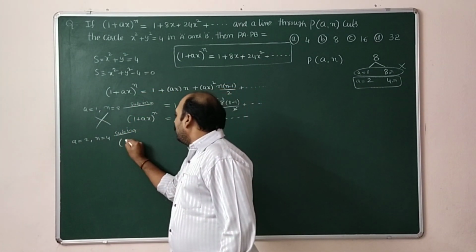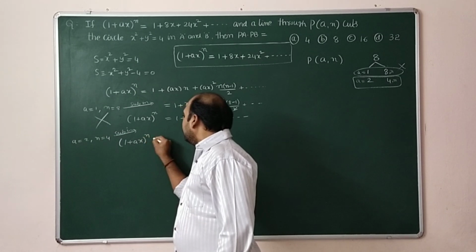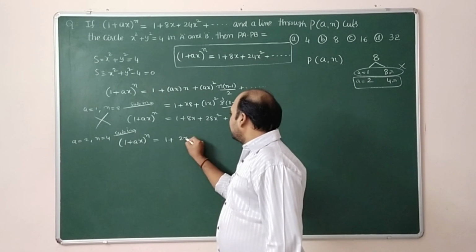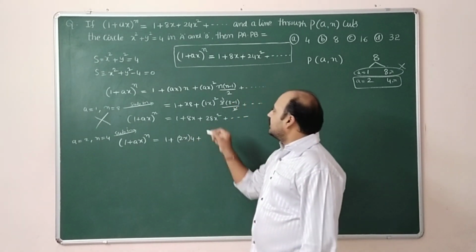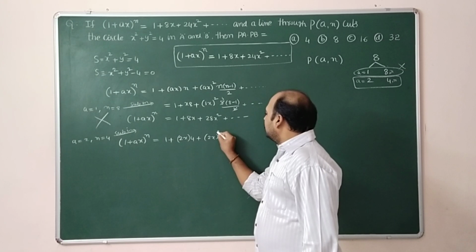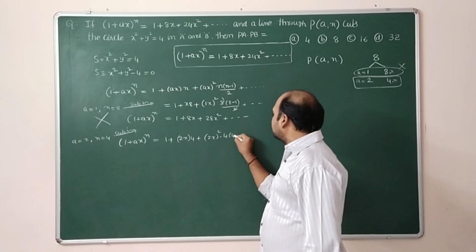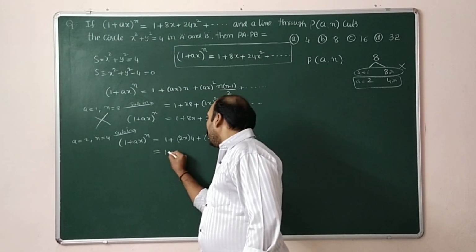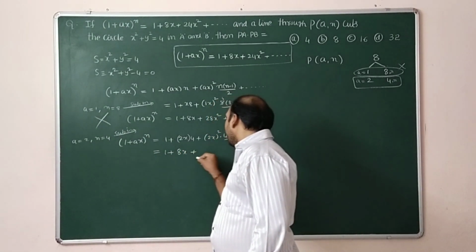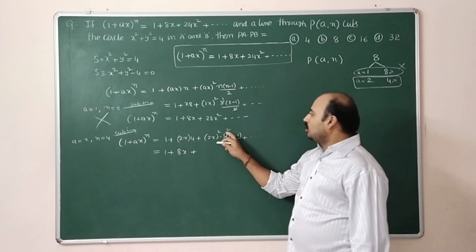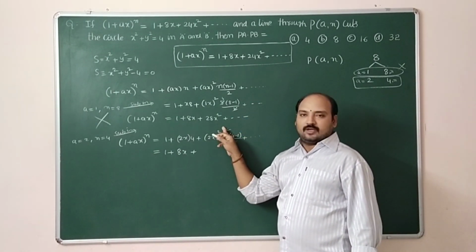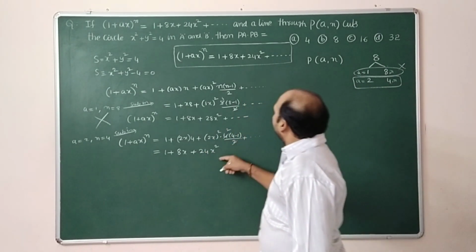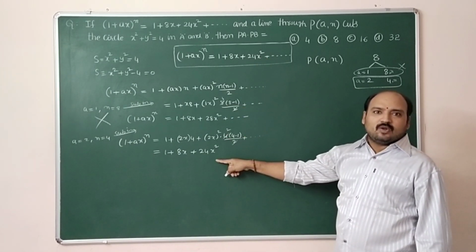So I am checking once again. 1 plus ax whole power n is equal to 1 plus a value 2, so 2x into 4, plus 2x whole square into 4 into 4 minus 1 divided by 2, plus and so on, which is equal to 1 plus 8x. 2 ones are 2, 2 twos are 2 into 3 is 6, 6 into 2 square 4 is 24x square. So comparing these two, both are coincident.